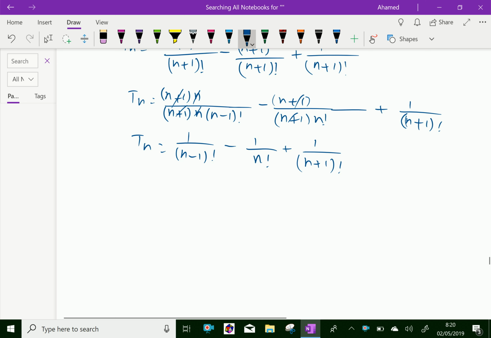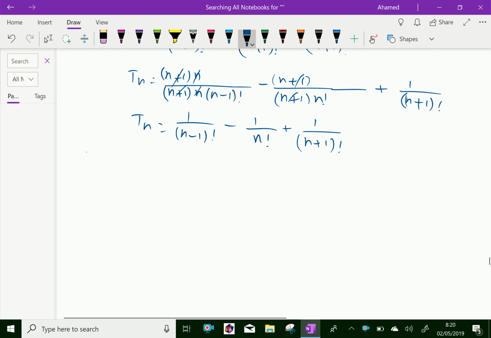Now we substitute the values n equal to 1, 2, 3. First n equal to 1, that is t1 equals 1 over 0 factorial minus 1 over 1 factorial plus 1 over 2 factorial.